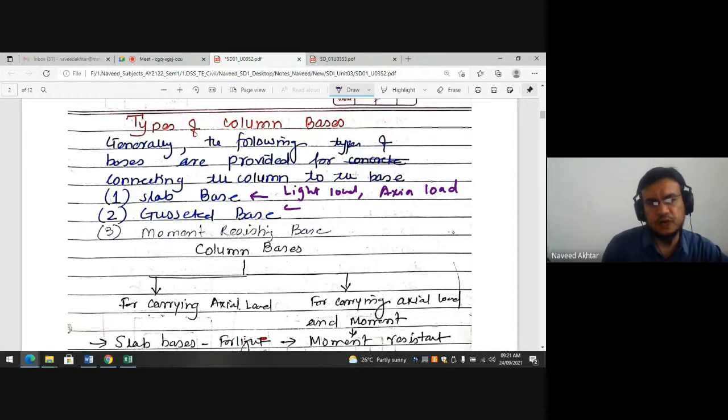Gusseted bases are provided for medium or heavy load and moderate moment. And moment resisting bases are provided if there is bending moment, or large moment on the column.